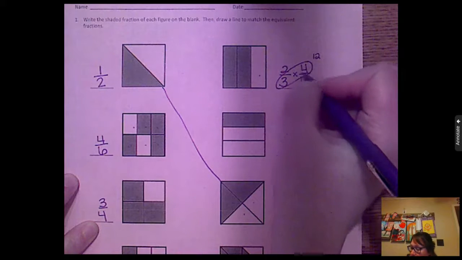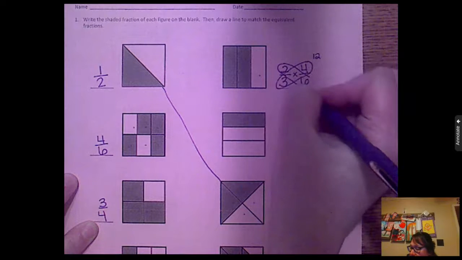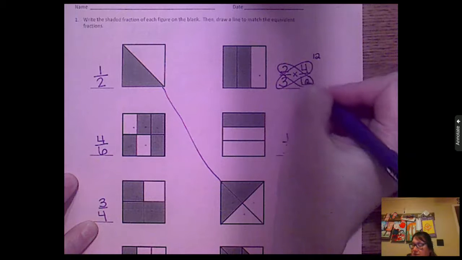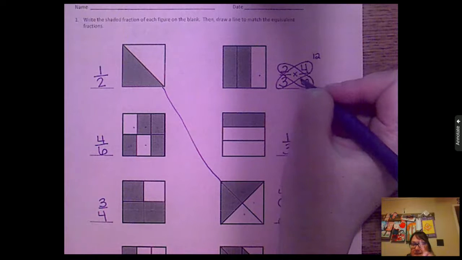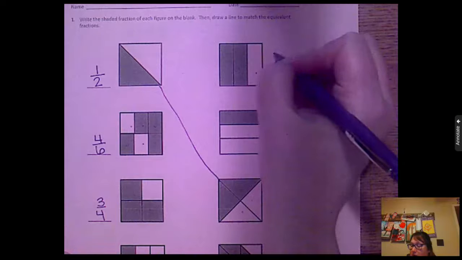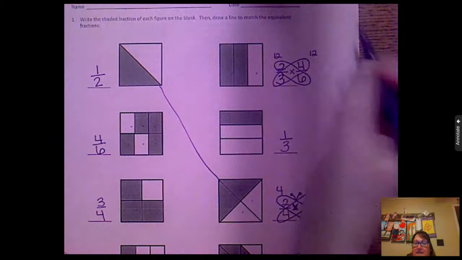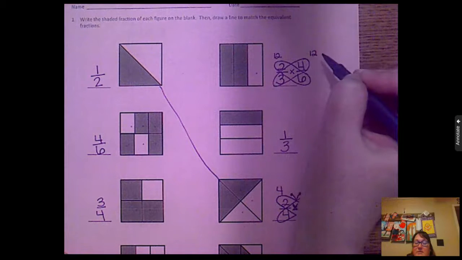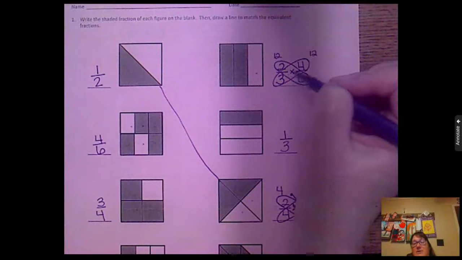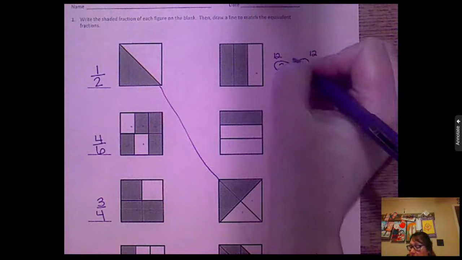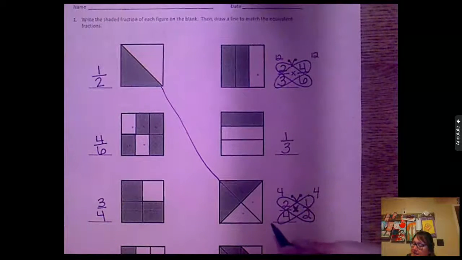And then I'm going to circle the 2 and the 6. And I'm going to multiply 2 times 6 or 6 times 2. 6, 12. Are they equal? Are they equivalent? Yes, they are because they both equal 12, right? So those two fractions are equivalent. So I can go ahead and give it its little antenna and they're equivalent.